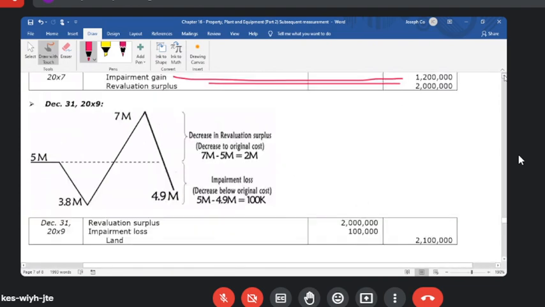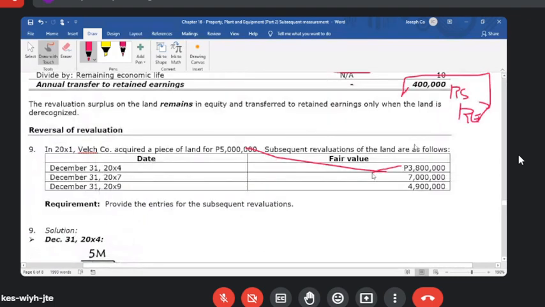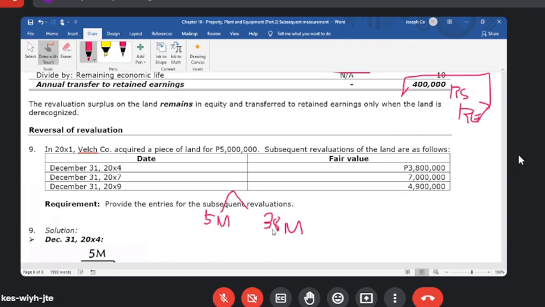Kaya tingnan mo ito. From 5 million, may impairment loss of 1.2. Then 7, 3.8 minus 7.